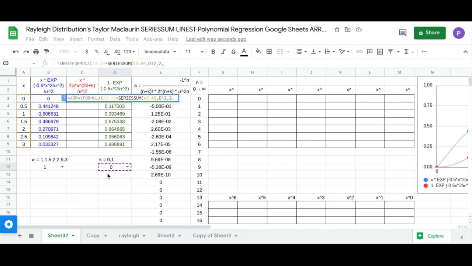And the coefficient will be a, and enter. And the whole series sum divided by sigma squared, so sigma raised to the power 2, and enter.